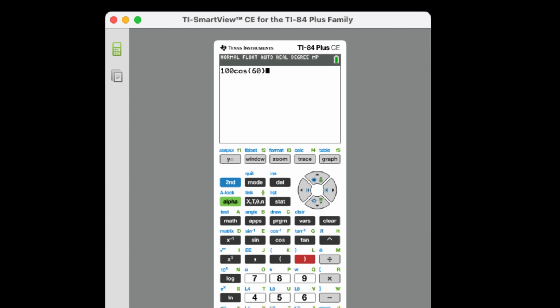So here's 100 cosine 60. 100 what? Sine 60. And let's go to the tenths, okay?